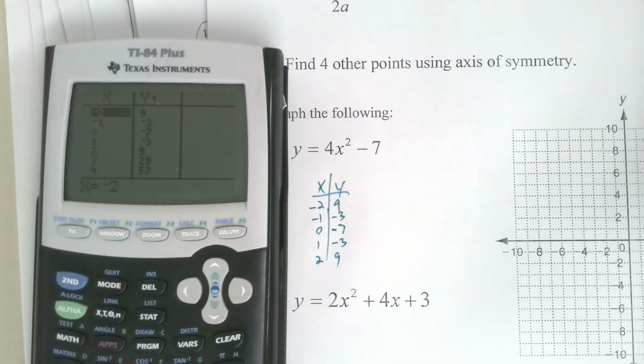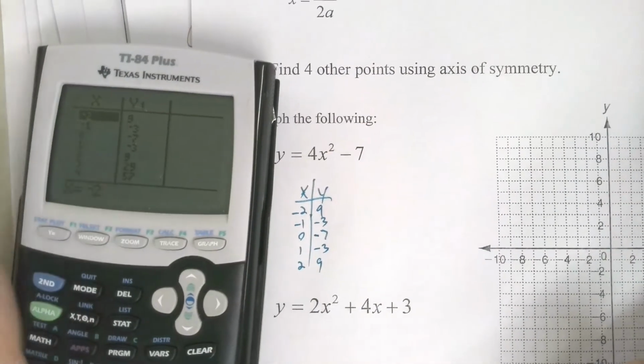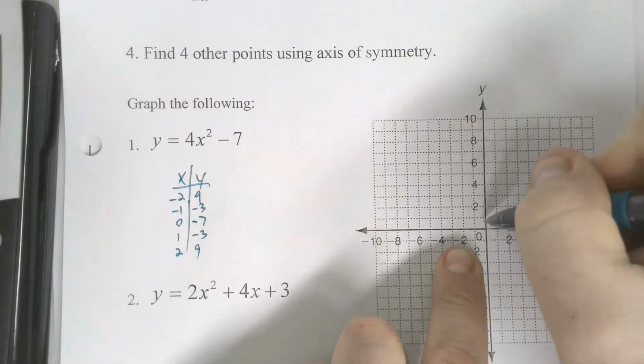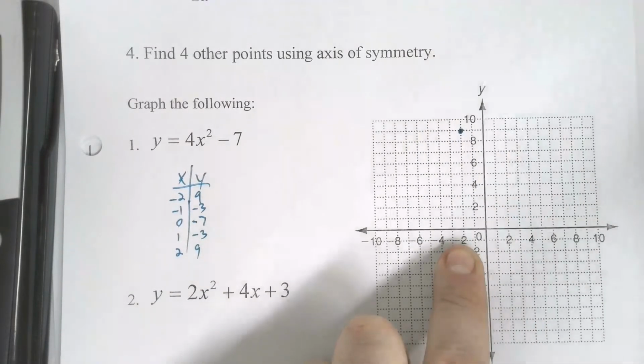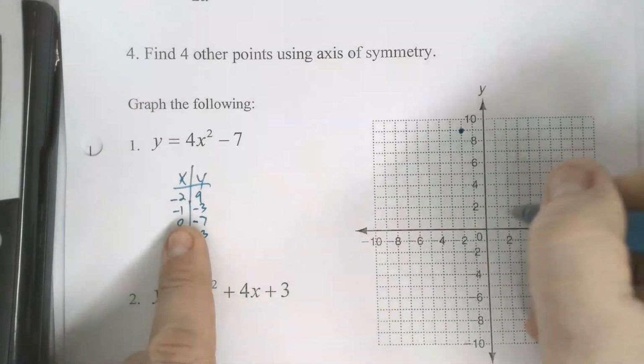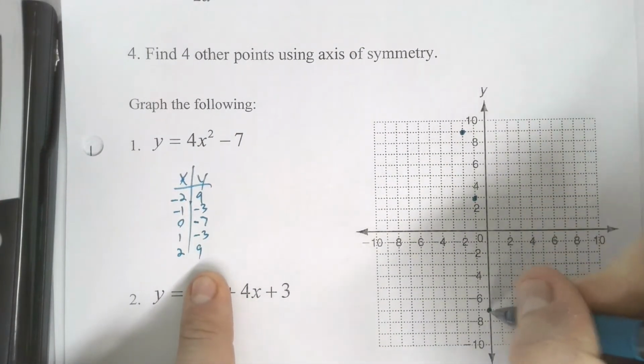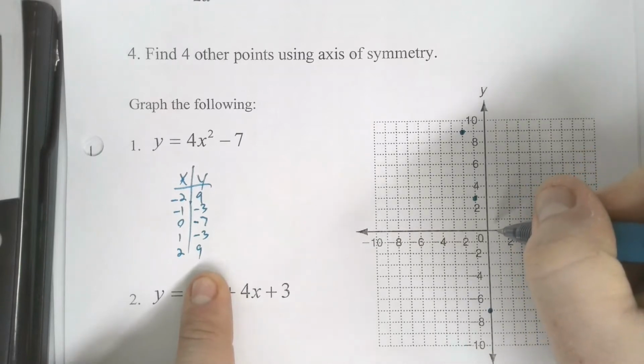So you can literally do these in no time, guys, if you recognize how to use technology. Okay? So all you do is plot those points on the graph. Negative 2, up 9. There's my first point. Negative 1, up 3. 0, down 7. 1.